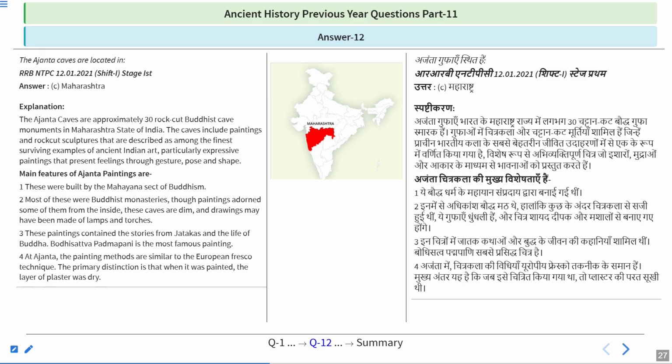These caves are dim, and drawing may have been made with lamps and torches. These paintings contain the stories from Jatakas and the life of Buddha. Bodhisattva Padmapani is the most famous painting. At Ajanta, the painting method is similar to the European fresco technique. The primary distinction is that when it was painted, a layer of plaster was dry. So do remember that Maharashtra is the place where you can find the Ajanta caves.